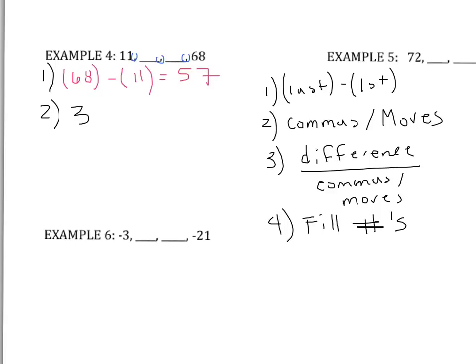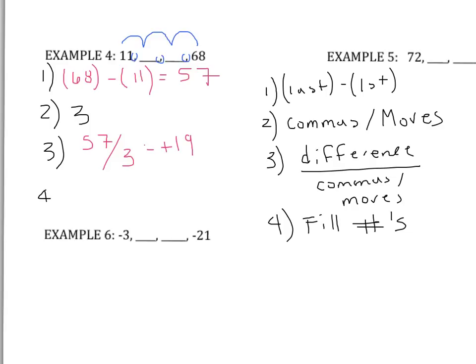You're going to start at the first number, you're going to count that you went 1, 2, 3. So either the number of commas or the number of moves. This third step you're going to take is we're going to take our difference. So our difference was 57, and we're going to divide it by the number of commas or moves, which was 3, and we get positive 19.